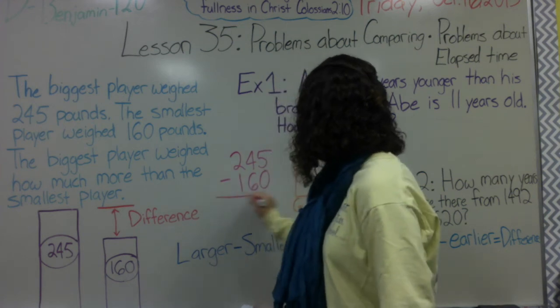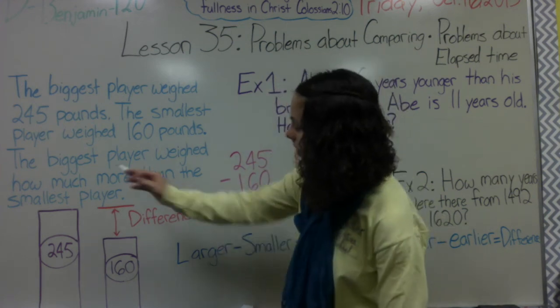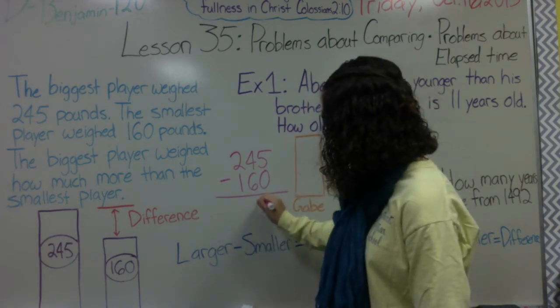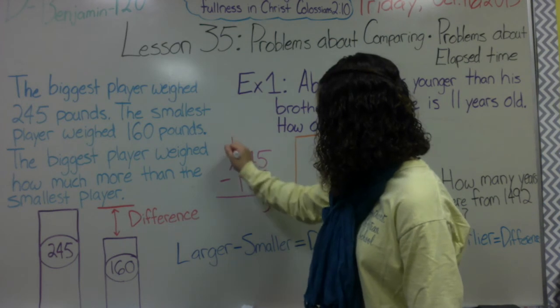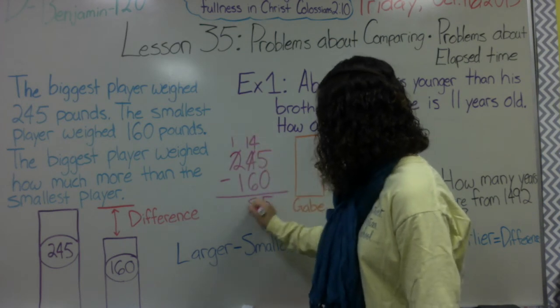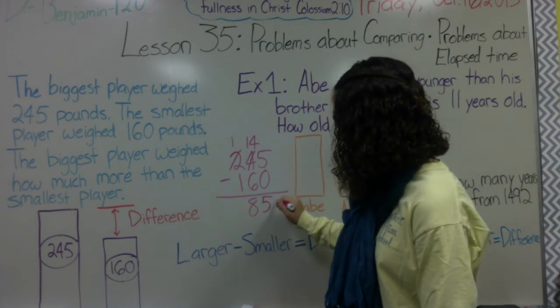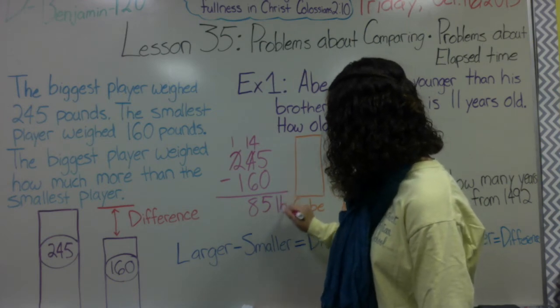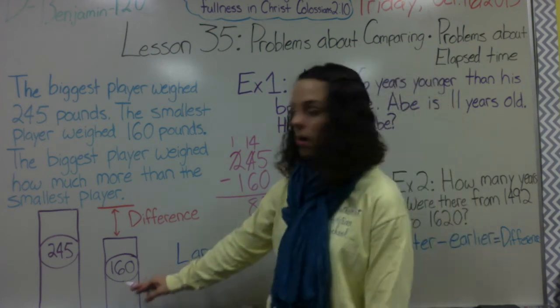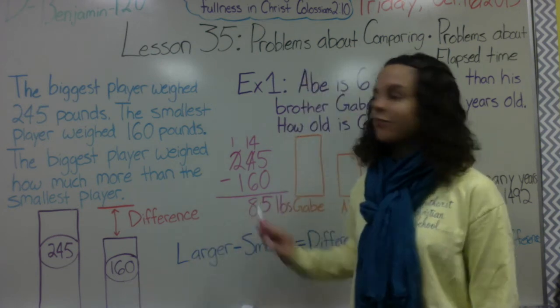And I'm going to find out how many pounds more the biggest player is than the smallest player. 5 minus 0. I can't do 4 minus 6, so 14 minus 6. So that means the football player weighed 85 pounds, lbs, larger than the smallest player. That would be my difference.